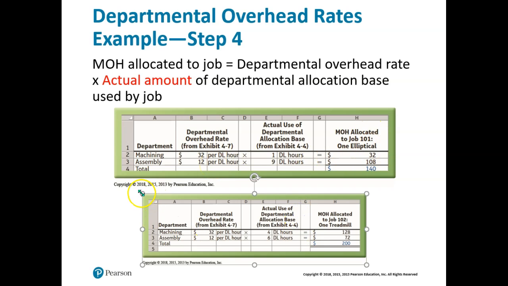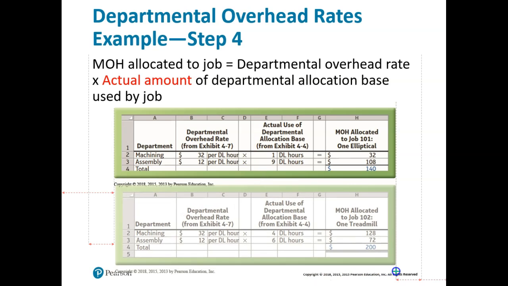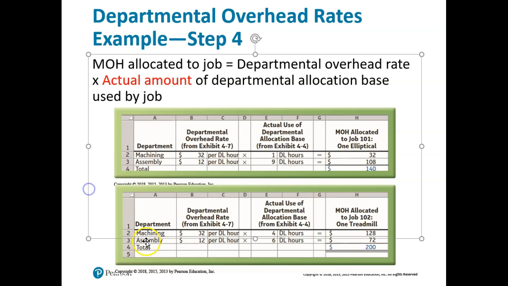Here's the treadmill down here. Let's make this a little bigger. The treadmill has, okay, the same $32 and $12 per direct labor hour, only they use 4 hours of machining and 6 hours of assembly. Okay, and this machining is expensive, so the overhead allocated is $128 and $72, or $200.